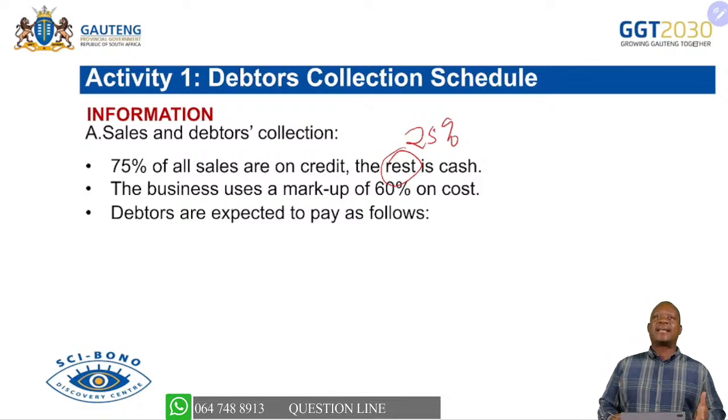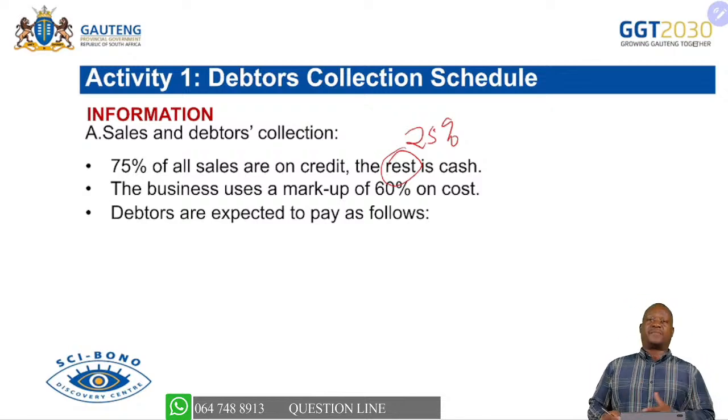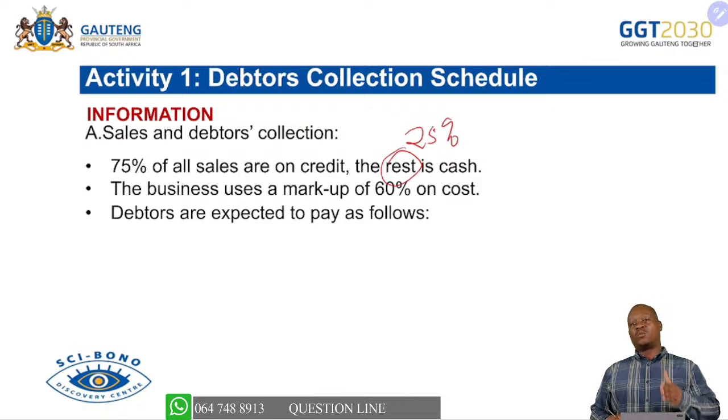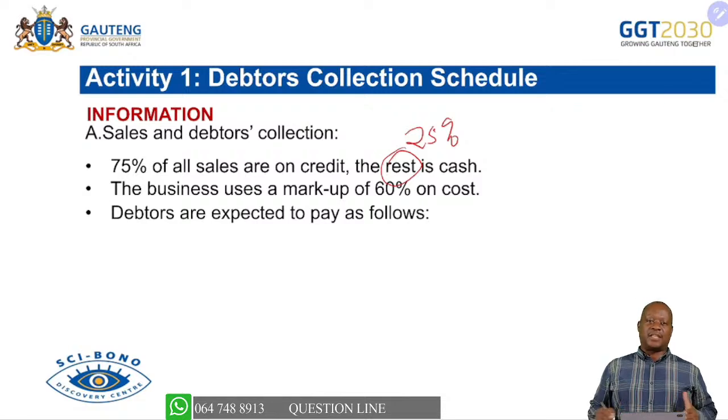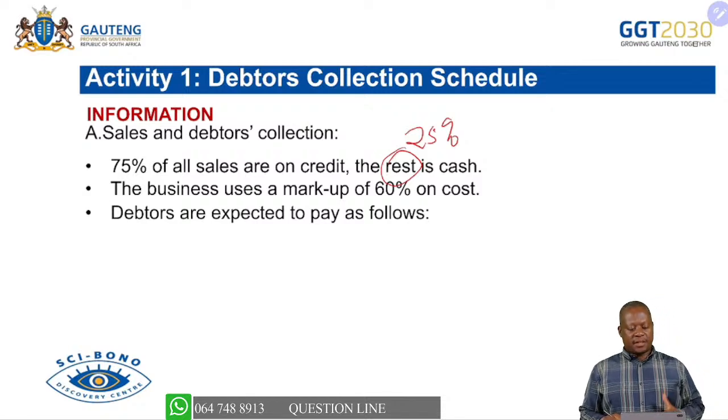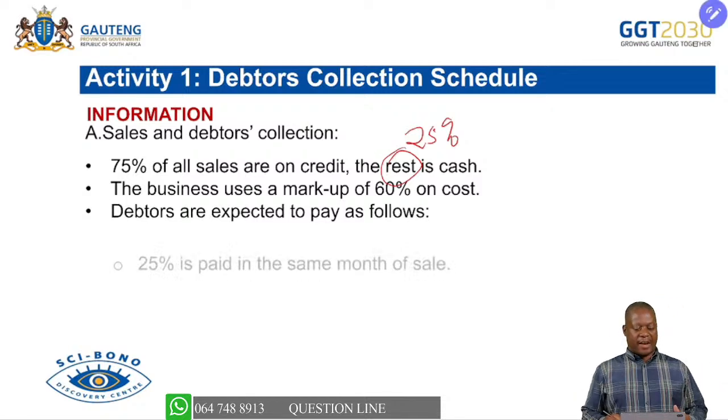And then debtors are expected to pay as follows. So remember, we said from the history, it taught us what to expect when dealing with our debtors. When they are saying tomorrow, we don't have to expect all the money tomorrow because history has taught us differently. So what is it that we have learned?